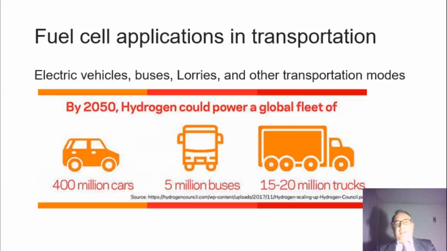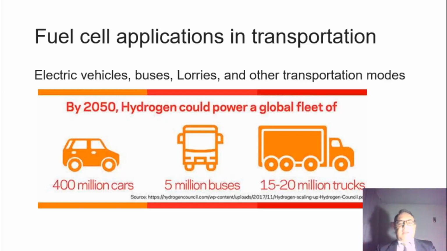Fuel cell applications in transportation. In a lot of countries in Europe, they are going to change their cars, or only allow certain cars, if they are hybrid or fully electric, to go, for example, to the city centers. Not all cars are allowed to go to the city centers.